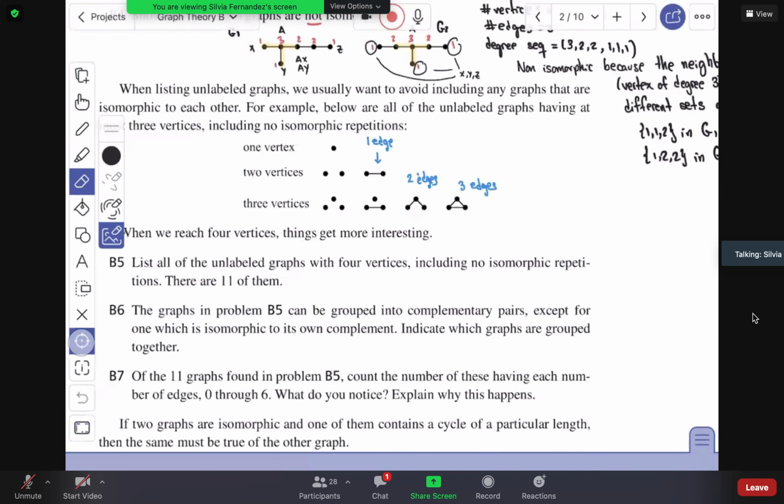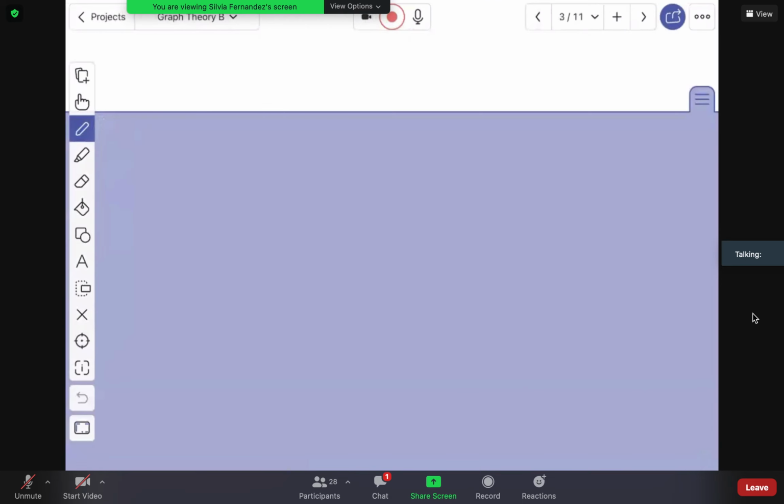We're going to find the ones for 4 vertices and try to classify them somehow, and that goes with problems 3, 5, 16, and 17. I'm going to open another page. I'll write: all non-isomorphic simple graphs with n equals 4 vertices.